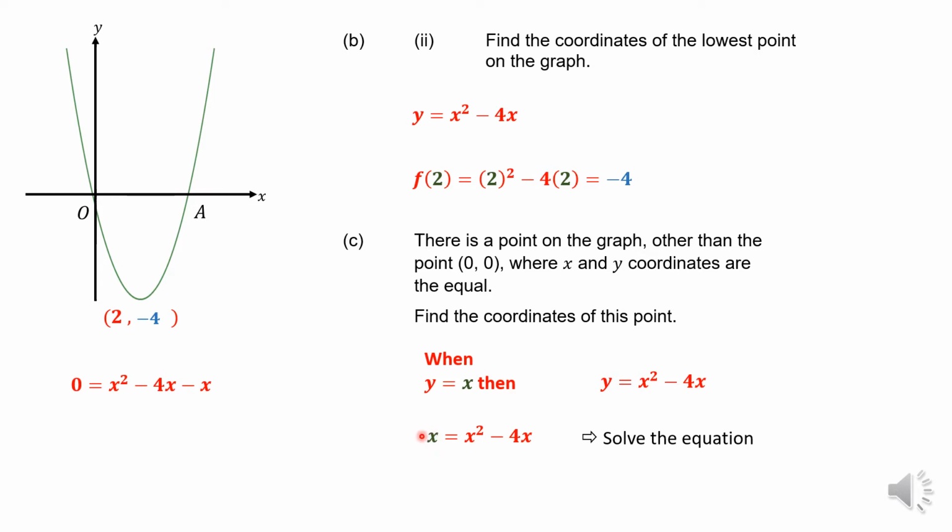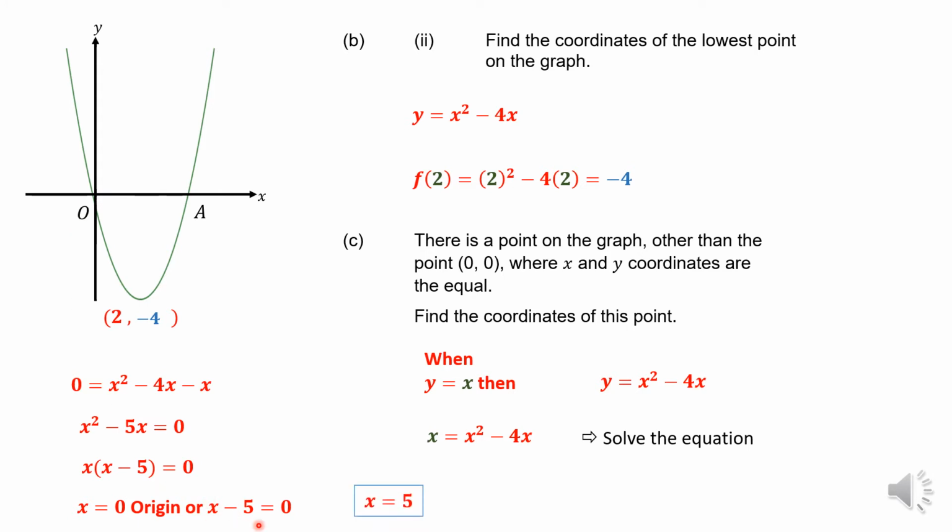I'm going to solve it by moving that x over. When I clean it up, I get x squared minus 5x equals 0. Because it has two terms, the way to solve this quadratic equation is to take out a common factor, which is x. We know that x equals 0 is already a point, which is the origin.